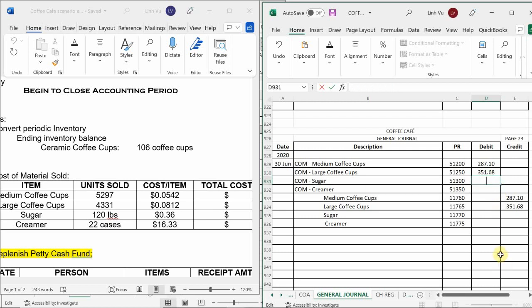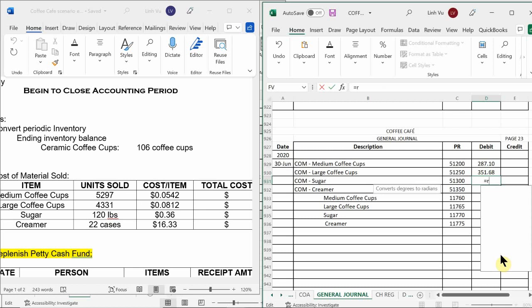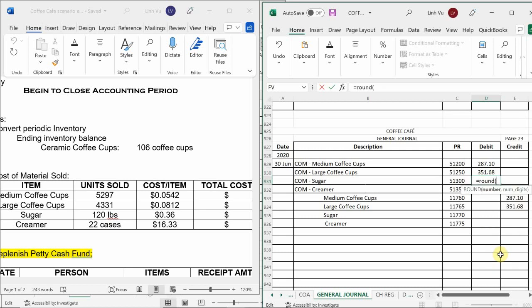So let's see, equals round 120 multiplied by 0.36, comma 2. That's going to give us $43.20 worth of sugar that we used.